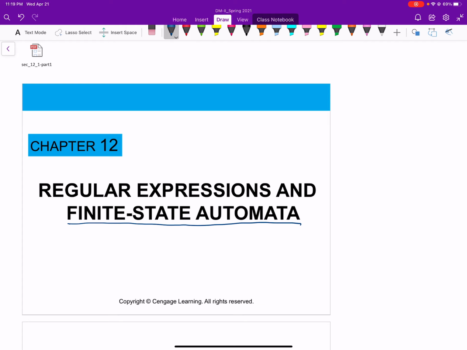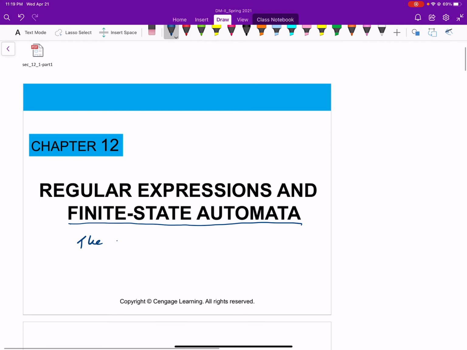Okay, so this means the simplest machine to recognize patterns. All right, that is finite state automata.